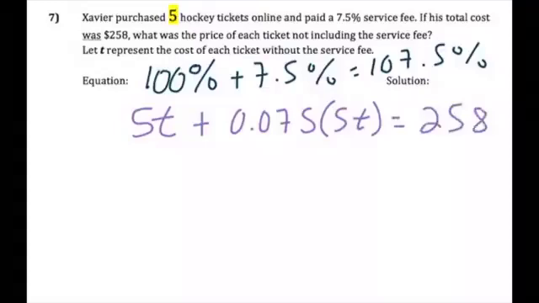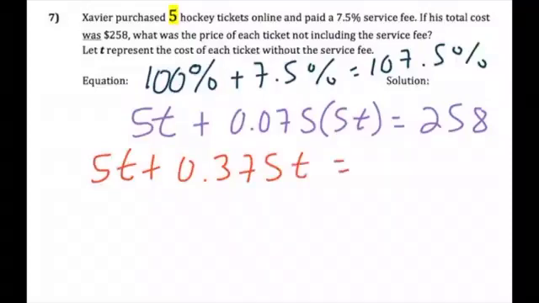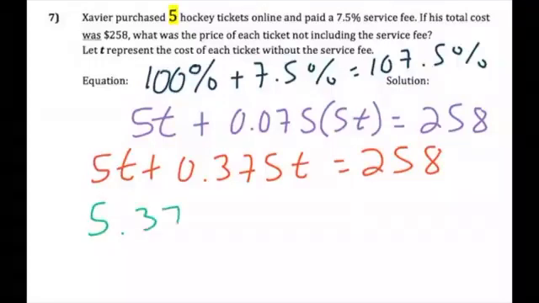So 0.075 times 5T, so I get 5T on the left plus 0.375T equals 258. And if I simplify, 5T plus 0.375T is 5.375T equals 258.